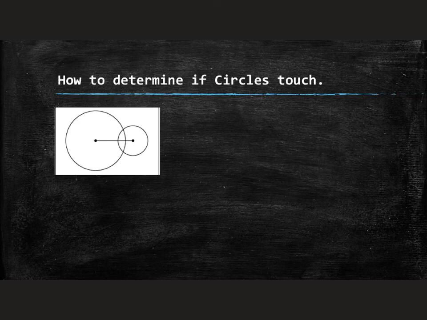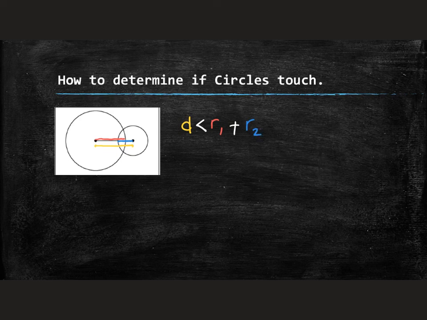What about these circles? We can see that they touch twice, but how do we figure this out using the maths? Well, we know the radius of this circle, the radius of this circle, and the distance between their centers. It tells us that the distance between the centers is less than what would happen if we added the red radius to the blue radius.